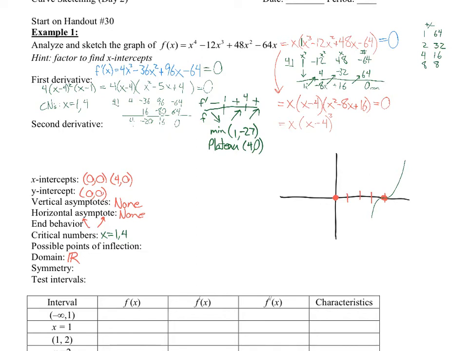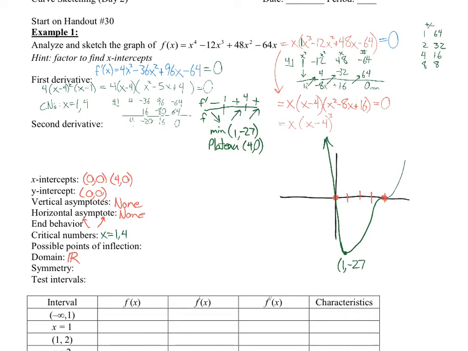So I put my min point way down here at 1, negative 27. And this goes all the way down to here. I know I hit the point 0, 0. And you can actually see what's going on here.